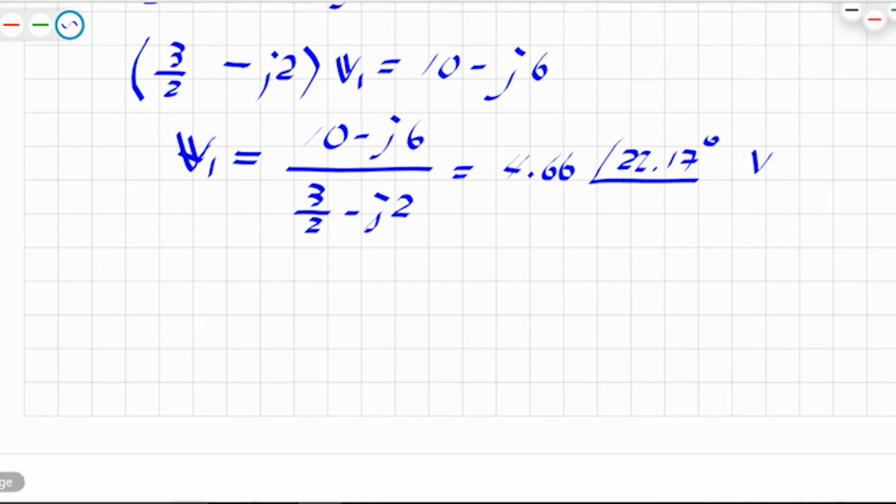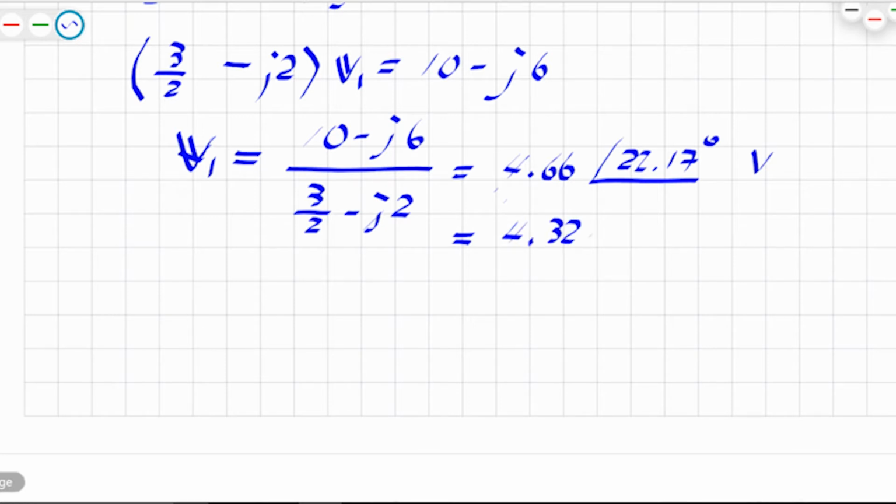Now, because we're going to be adding something, we can still express this in a rectangular expression. So 4.66 times cosine 22.17 gives you the real part, which is equal to 4.32.